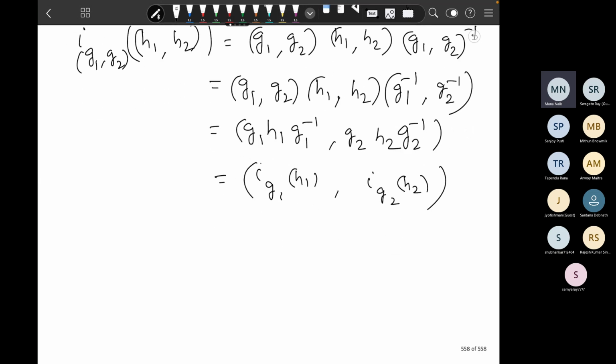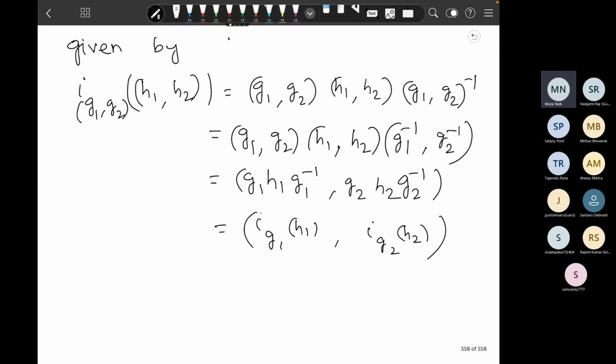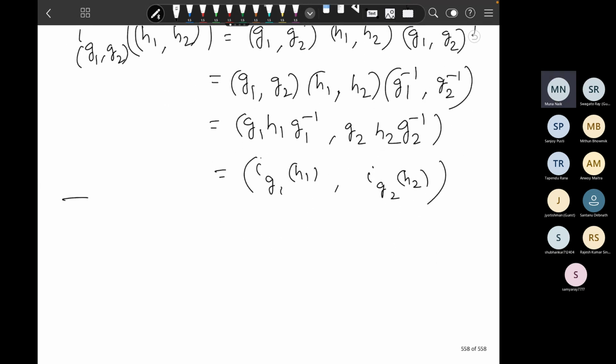Now, therefore I can take the derivative of I_(G1,G2). So taking derivative, we get this thing. The derivative of I_g is really R_g, right?